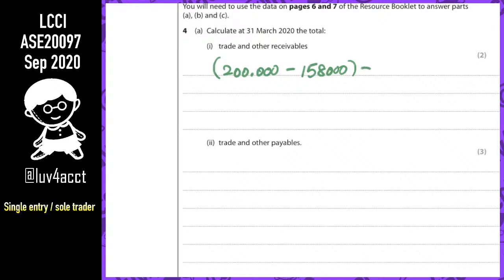So 200,000 minus 158,000 minus 500 would be 41,500. There is no other receivables, just trade receivables, because we are not given any information about that.